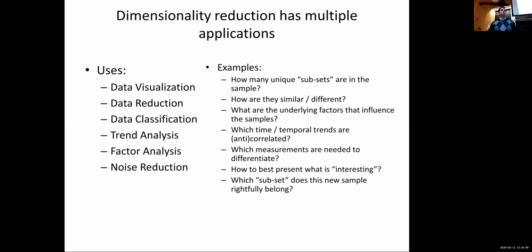Genes don't just turn on and turn off independently. They turn on and turn off in response to all of the gene regulatory circuitry that we talked about the last few weeks. So in order to reveal the true underlying data, I might actually have to reduce the high frequency components of my data that are more likely to represent noise.